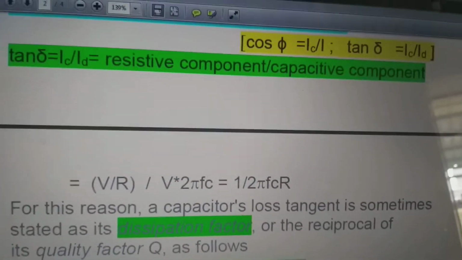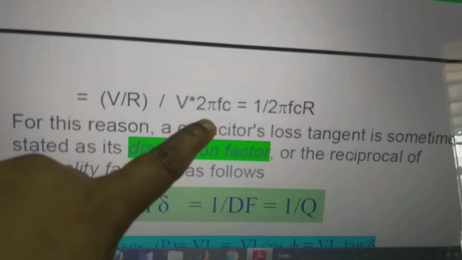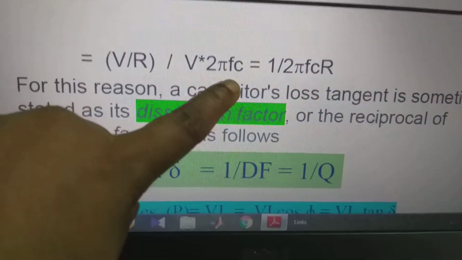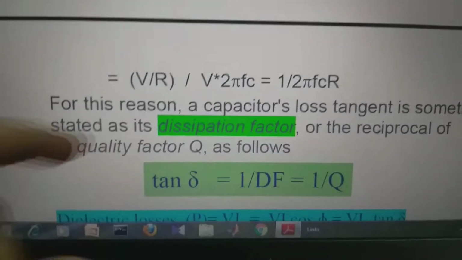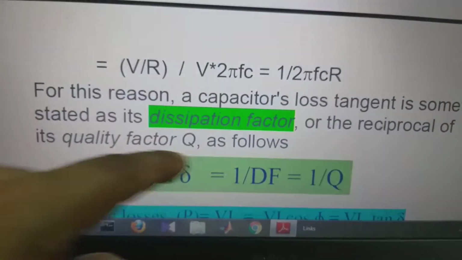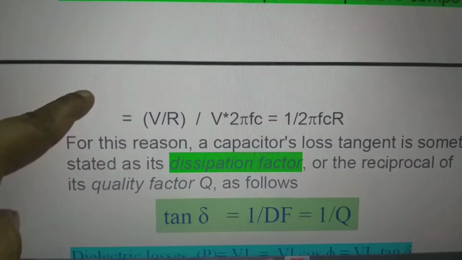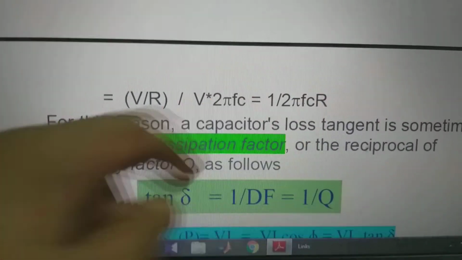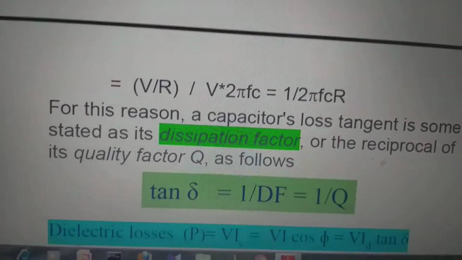IC is the voltage divided by resistance, V by R. ID is equal to V by XC, where XC is equal to 1 by C omega, so V into 2 pi F C. So this is equal to 1 by 2 pi F C R, which is 1 by omega C R. Omega C R is nothing but the quality factor. So tan delta is also known as loss factor or loss tangent. It is the reciprocal of the quality factor. The tan delta is also known as the dissipation factor.